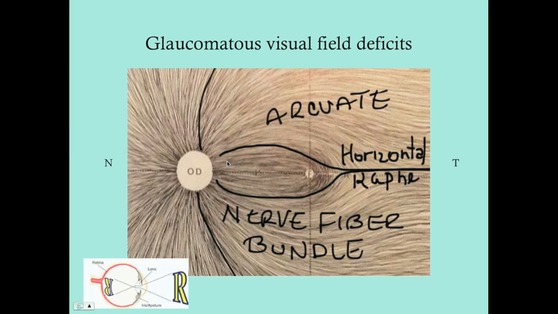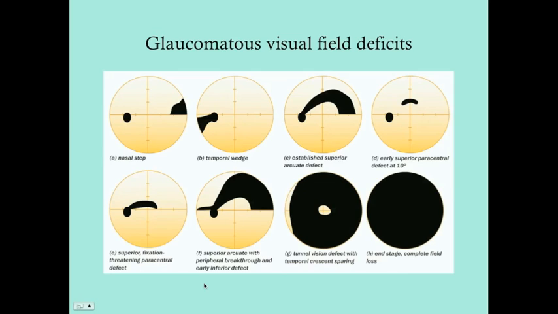So this would be an example of a glaucomatous visual field deficit. We talked about visual field deficits in the neurology section, where you might have a homonymous hemianopsia. That would be a visual field deficit that's usually taking place in your brain. A glaucomatous visual field deficit doesn't look anything like those hemianopsias or quadrantanopsias or bitemporal hemianopsia.